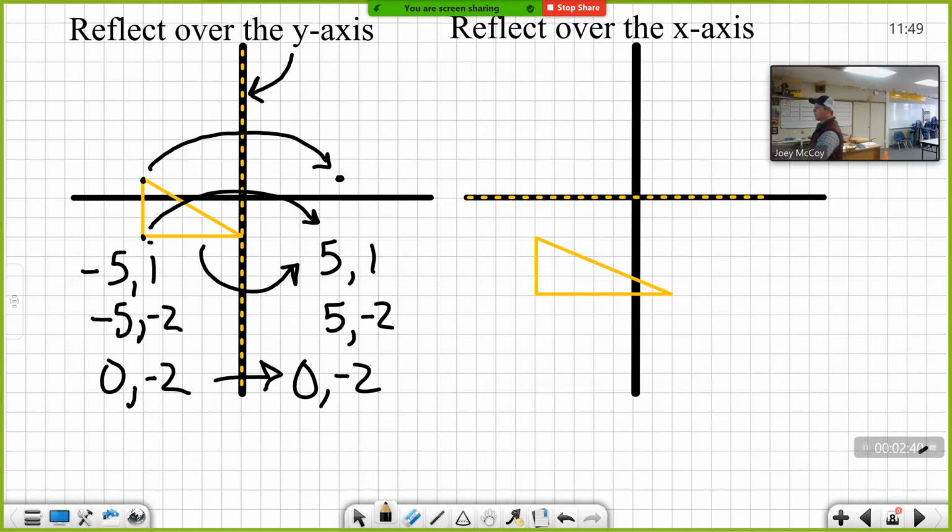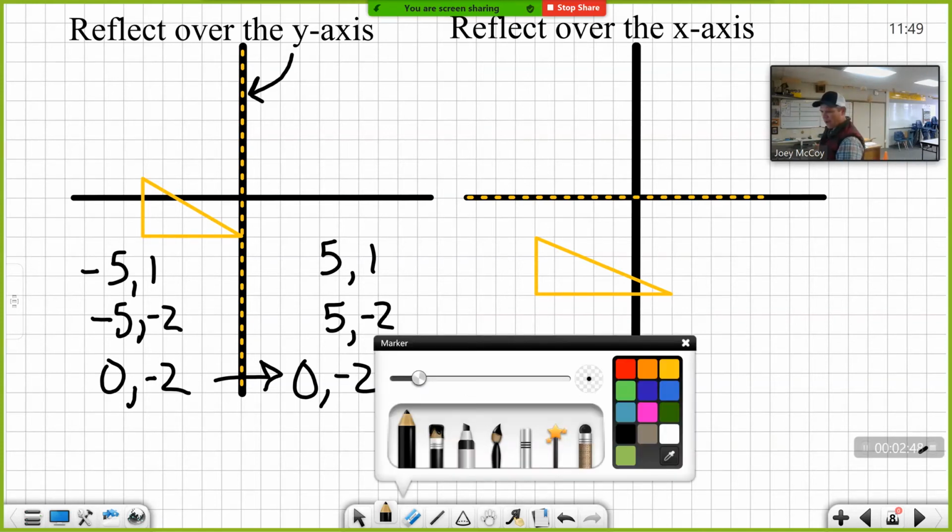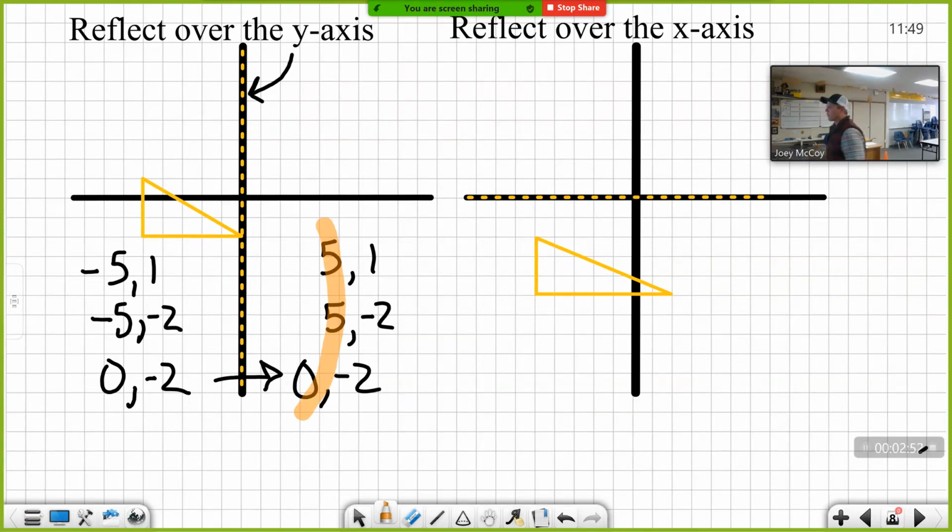Now, I want you to notice in this problem what happens to our x values. If I highlight these x values, I want you to notice that the negatives became positive. And if they were positive and we reflected to the left, the positive would become negative.